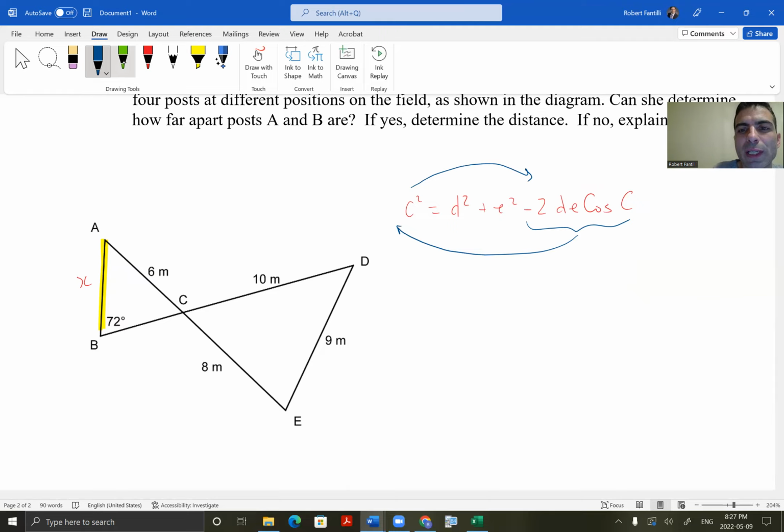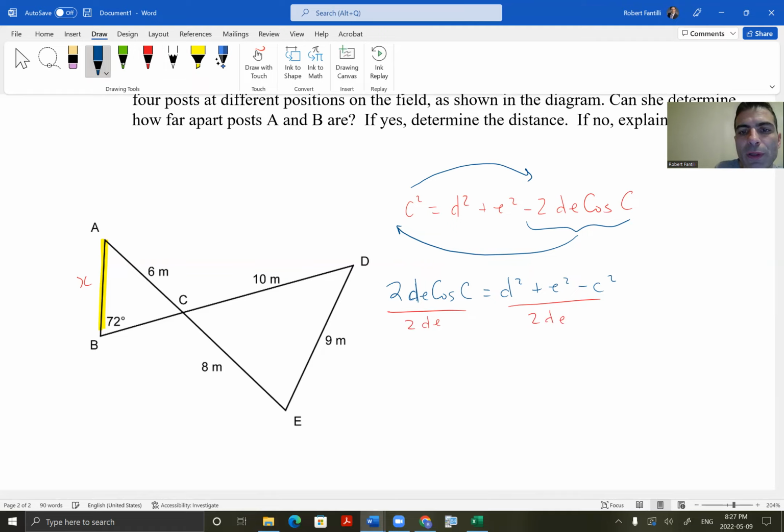So what it's going to look like is a positive 2DE cos C equals D squared plus E squared minus C squared. And then to get the cos C by itself, we'll divide both sides by 2DE.